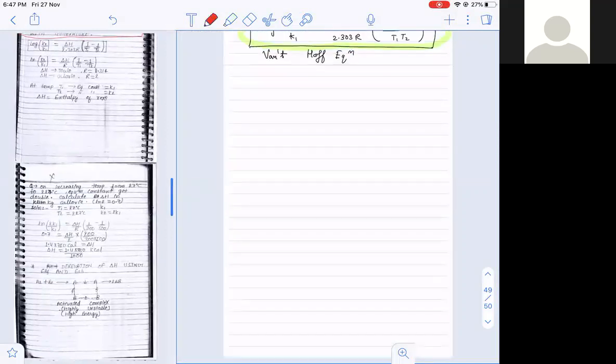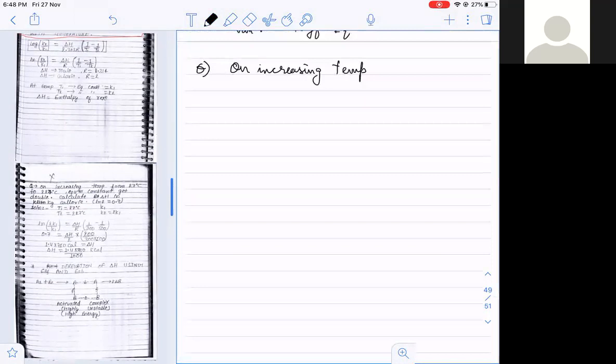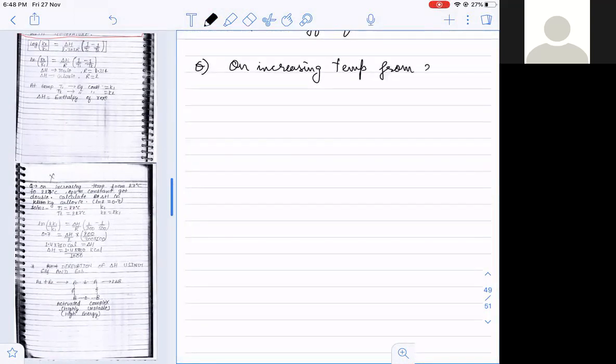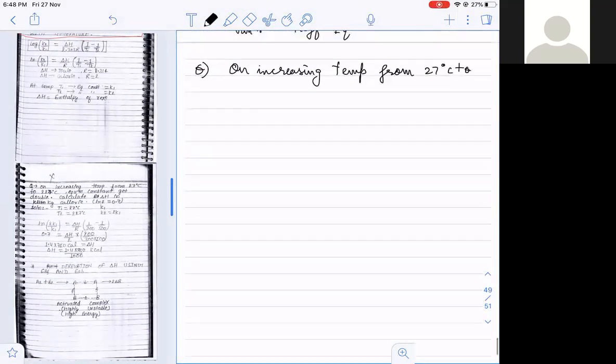Okay, the question is on increasing temperature. Try this.